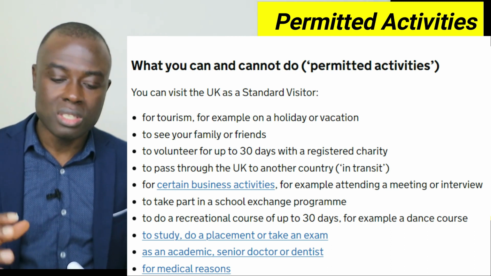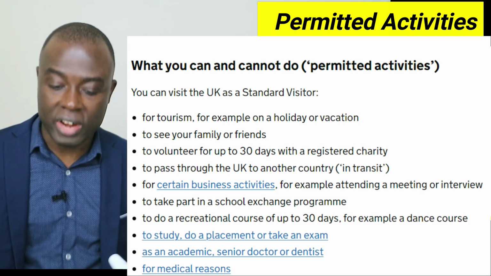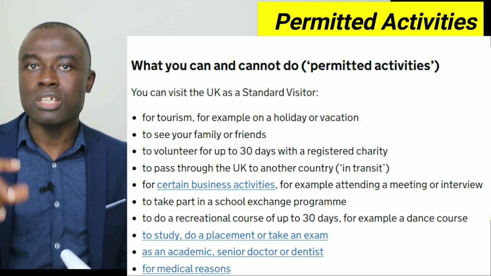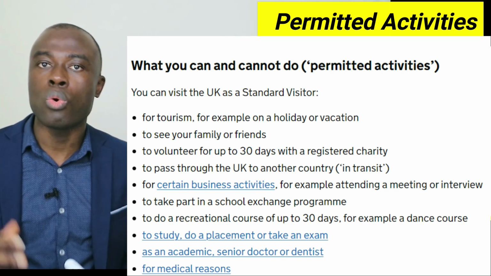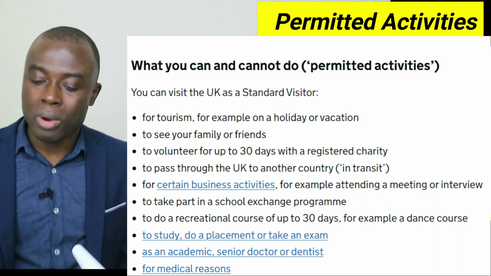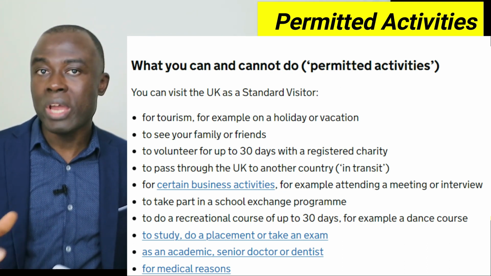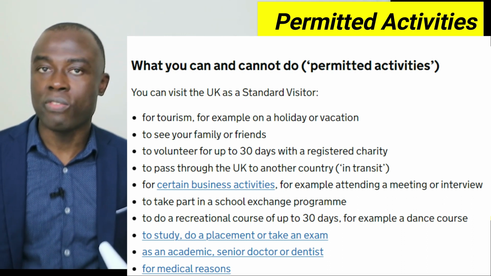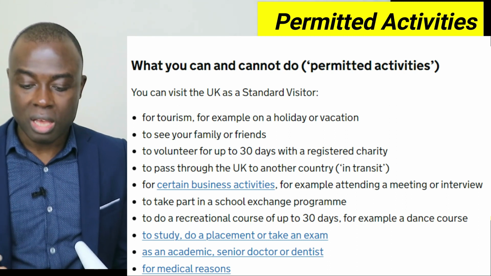Now, some of these reasons are for tourism, to visit family and friends, to volunteer to a charity for up to 30 days, and this should be a registered charity, to pass through the UK to another country, what we call transit. Okay, to do business activities, for example, attending a meeting or an interview, to take part in a school exchange program. And I know a friend who took part in a school exchange program some years ago.